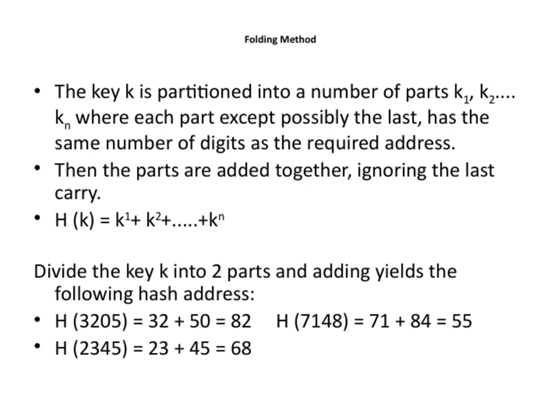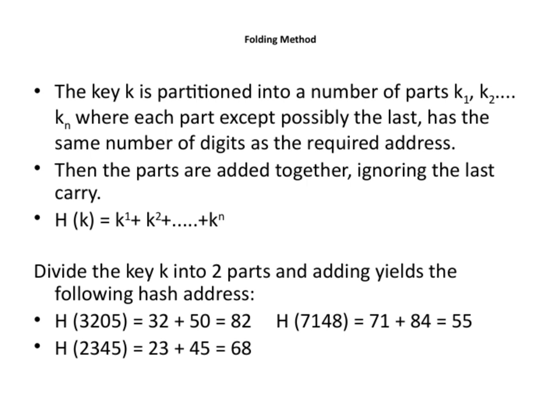For instance, if we divide the key 3205 into 2 parts, 32 and 5, adding these gives us 32 plus 50, which results in 82. Similarly, with 7148 splitting into 71 and 48, their sum is 71 plus 84, giving us 55.